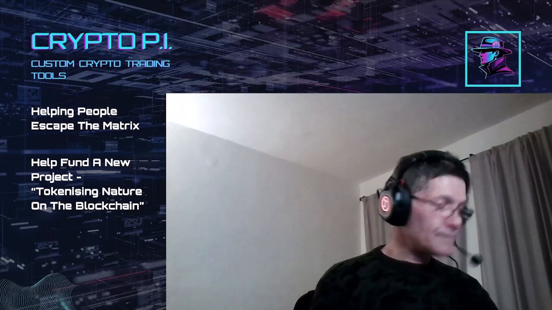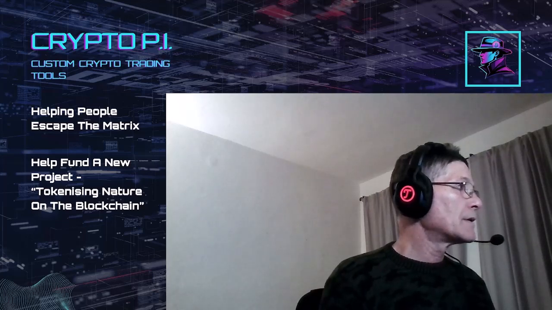But the only way I can keep Crypto PI Token going is to create training lessons now and teach people how to make their own apps. Because if people don't want to download other people's apps and tools to make their trading and make their lives better, then it's a bit of a dead end, isn't it? It's a one-way ticket.